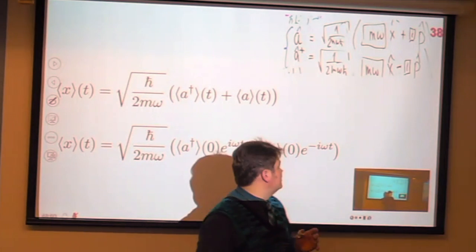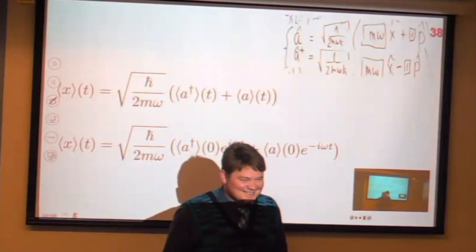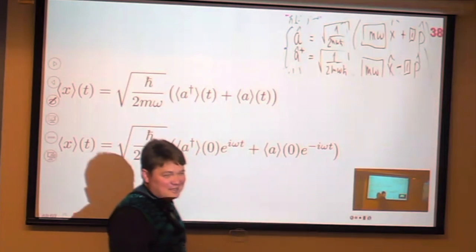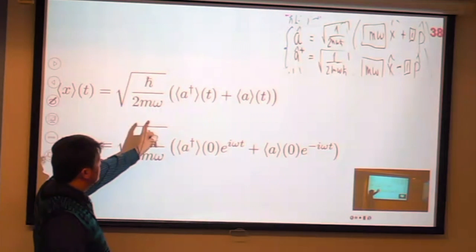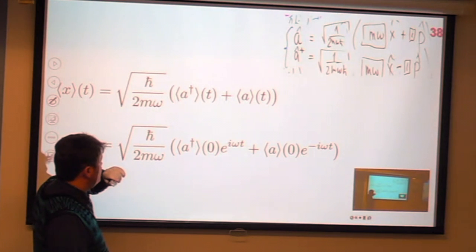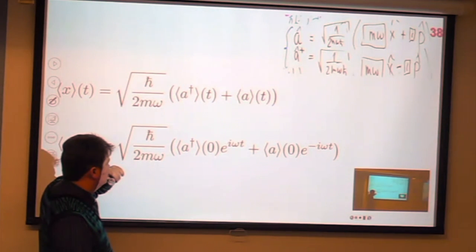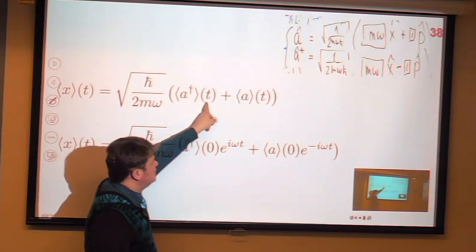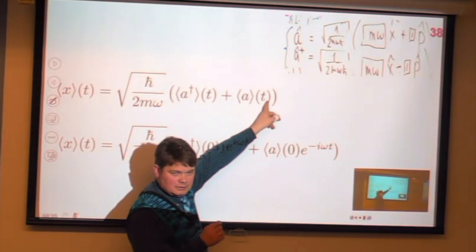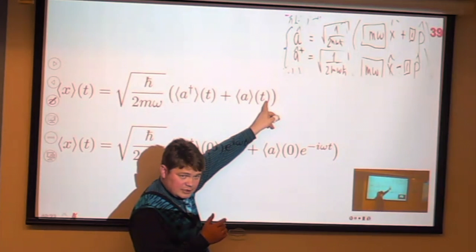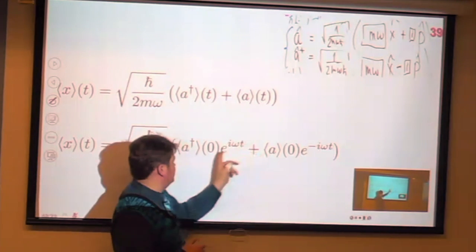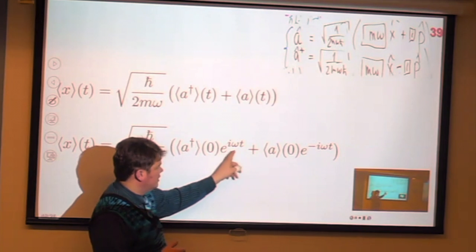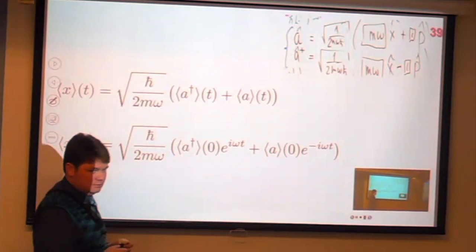Therefore, I can take a vacation and not show the equation for momentum. So what do we do? We plug in the solutions for the time evolution of the expectation values of creation and annihilation, which are their initial values and this phase accumulation. Good.